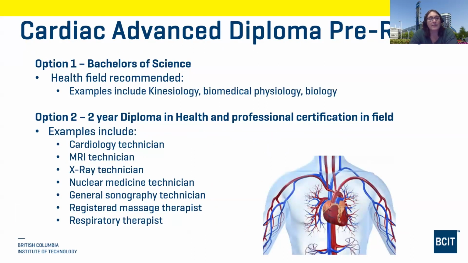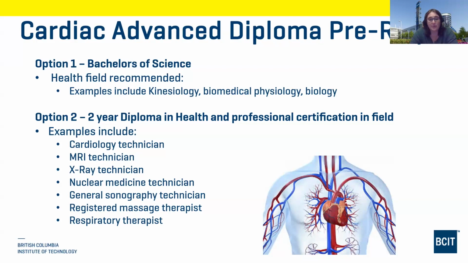The Cardiac Advanced Diploma program has slightly different prereqs than our regular diploma program does. There are two options for the prereqs: either a Bachelor of Science, where we recommend something in the healthcare field, such as kinesiology, biology, biomedical physiology, or a two-year diploma.